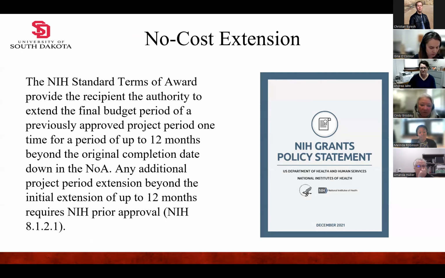Any additional project period extension beyond the initial needs to have prior approval from NIH, and we in our office would assist you there. Again, they really do want us to spend all of our money.